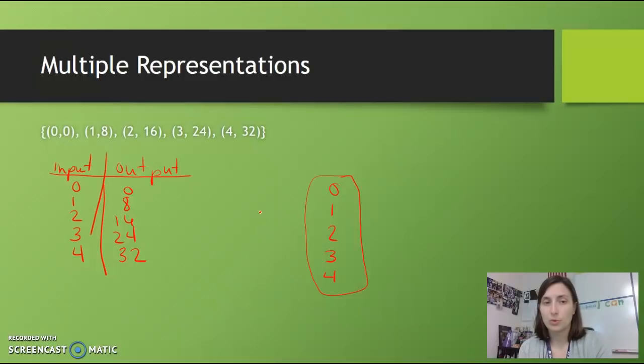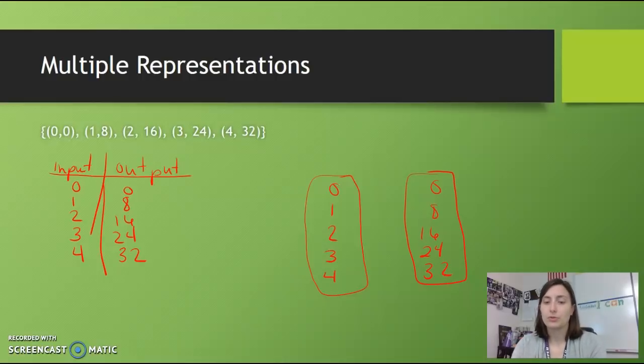And then we do the same for the y values, the output values. Again, normally it's in numerical order, so 0, 8, 16, 24, 32. And then we can draw from there.